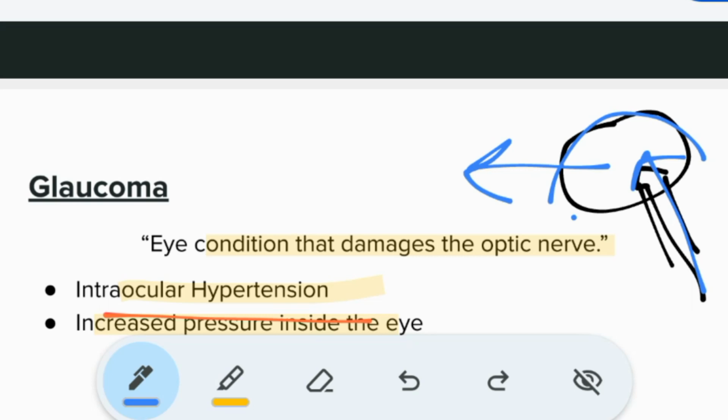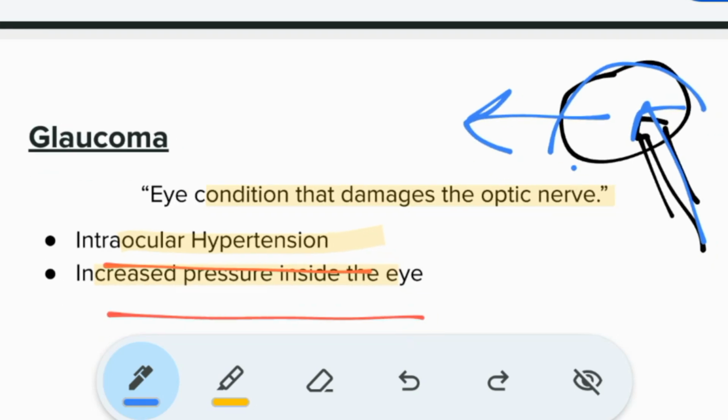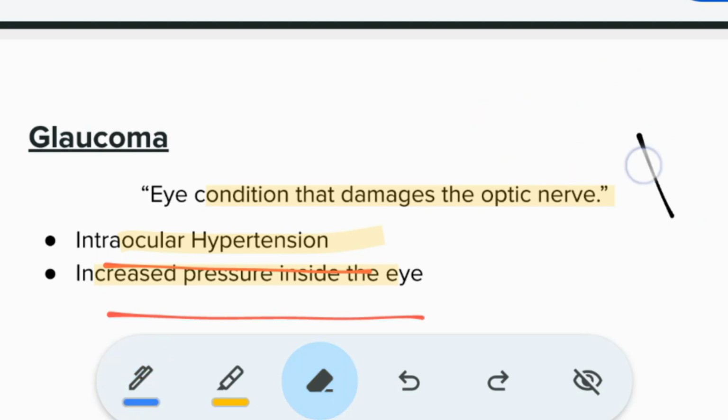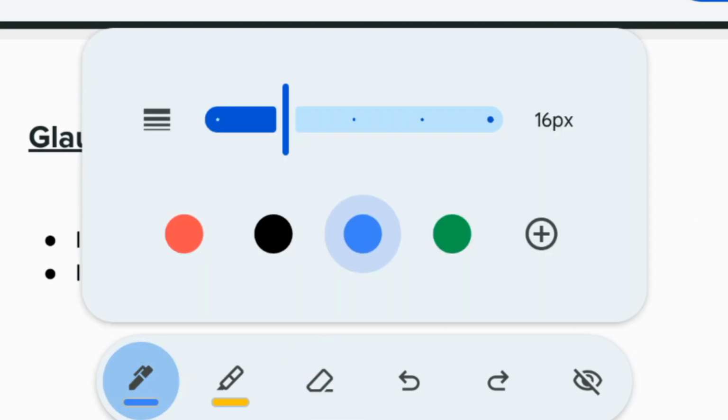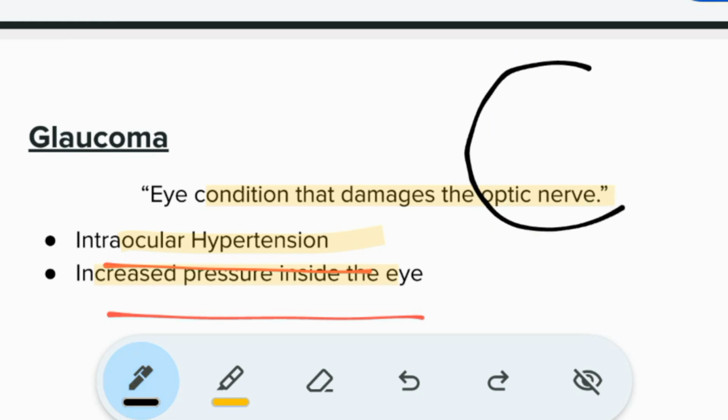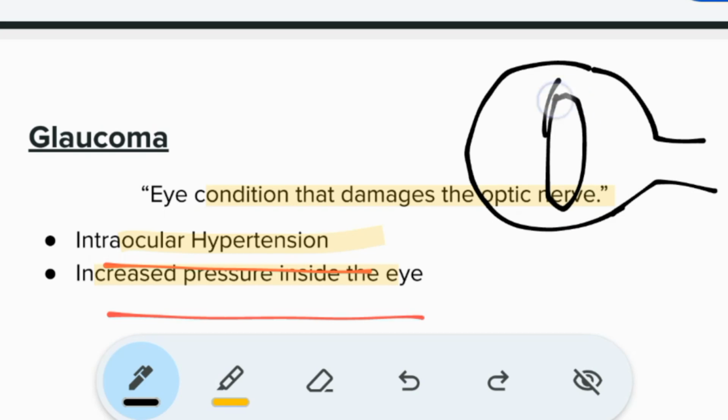Similar to this condition, in our eye the liquid is basically the aqueous humor, right? The aqueous humor keeps on producing. So this is our eye, and here is the lens, suppose.